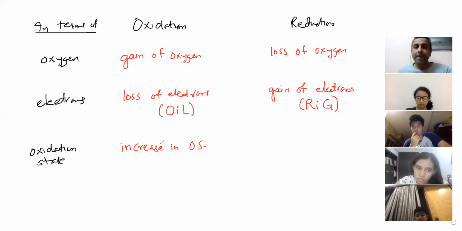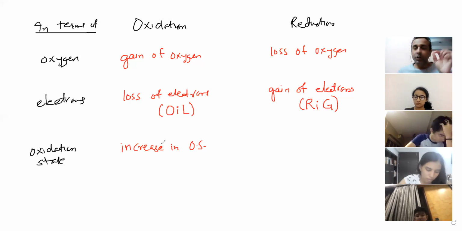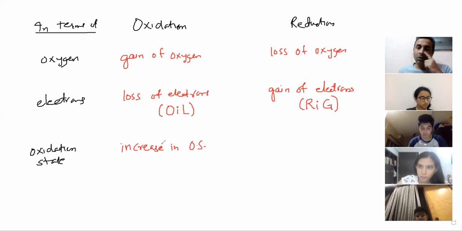I repeat: now you have learned how to assign the oxidation state. So what you should do is check the oxidation state of an atom in the reactant, and check the oxidation state of the same atom in the product and see, is it different?